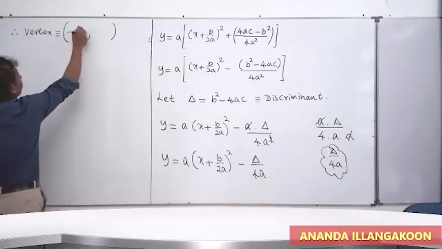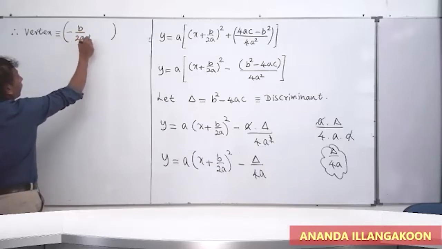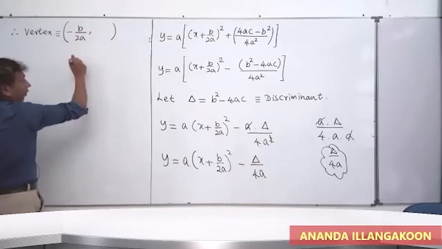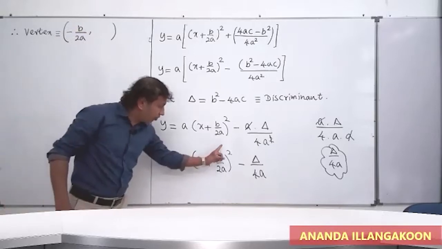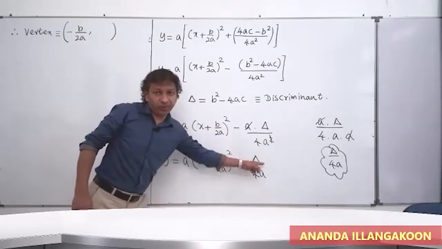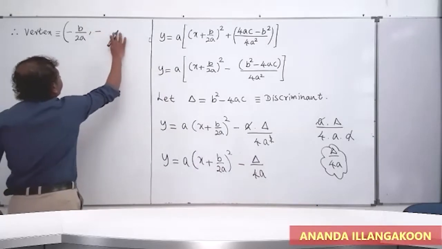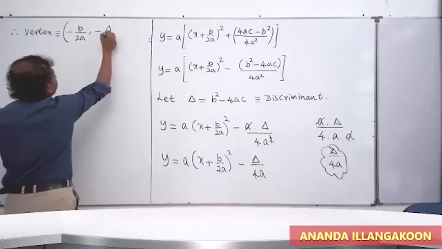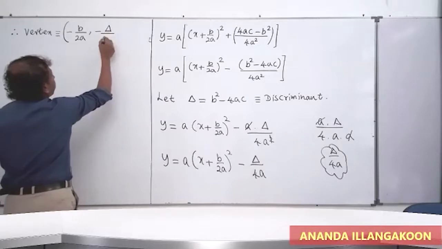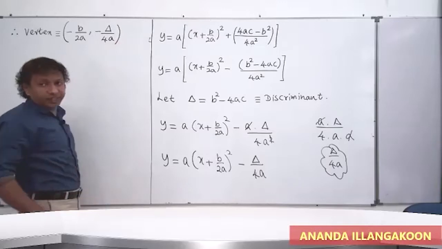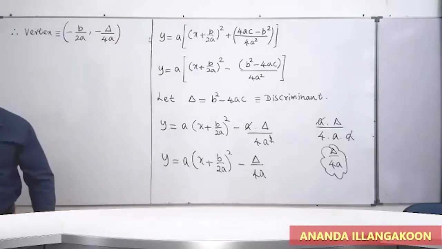Minus b upon 2a. Y coordinate is obtained soon after this bracket, with the sign, everything you have to take, minus delta upon 4a. This is the vertex. This is the vertex.